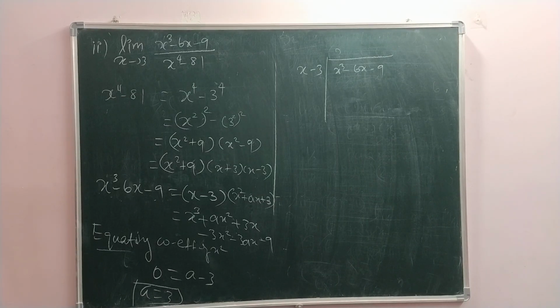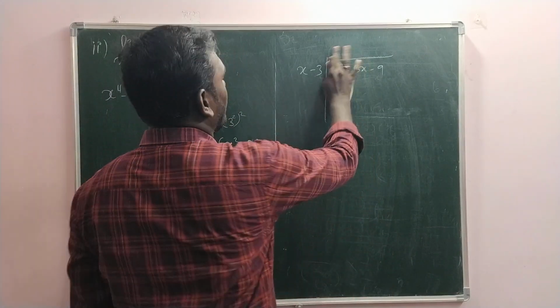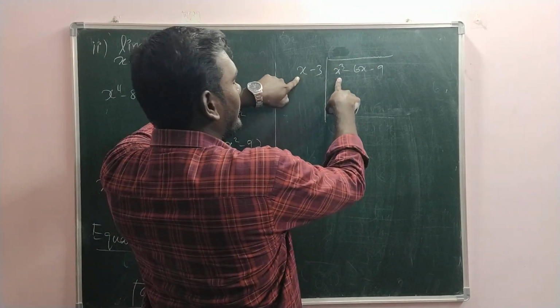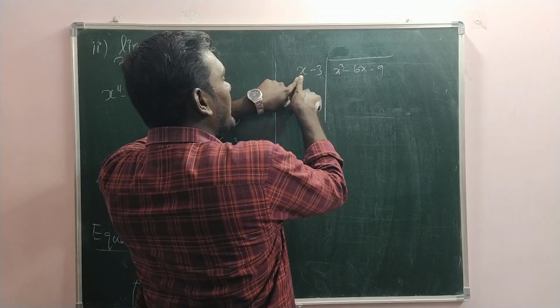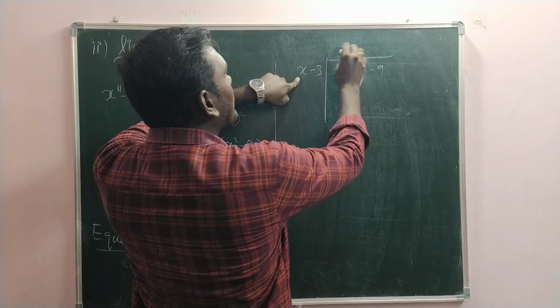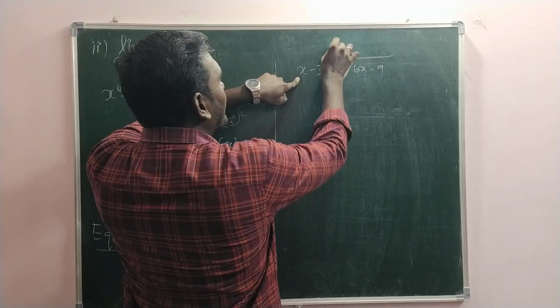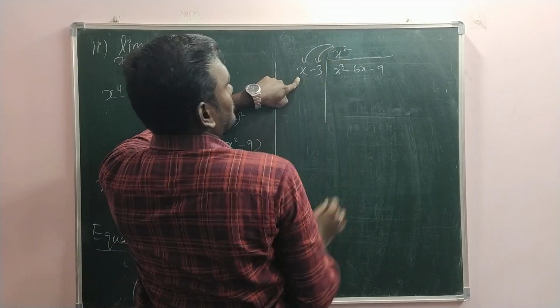When we divide, we have x square over there and here inside x cube is there. That means what? Wait, I will say it is not a formula. So here x cube. Then what must be multiplied with x in order to get the x cube? x square we should multiply. That x square should be multiplied with this 2.